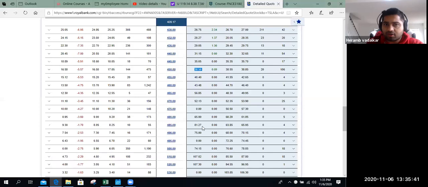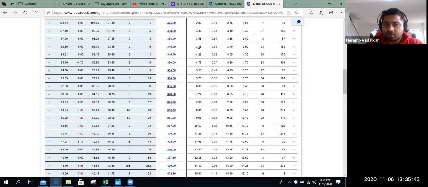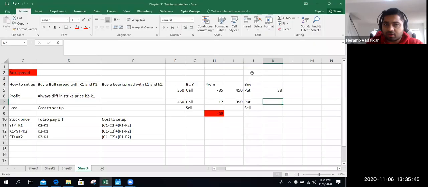And you're selling the put of 350, 5 bucks. Now this should be negative because it's a buy. Buy means you pay. So the total cost to set it up is 101 bucks.